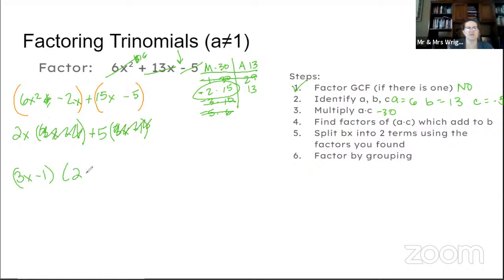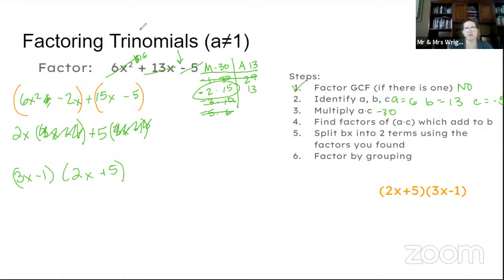And what's left is 2x plus 5. So 3x minus 1 and 2x plus 5. Now, mine is in a different order, but again, what matters is the order inside the parentheses. Which set of parentheses comes first does not matter. So this is correct as well as this.